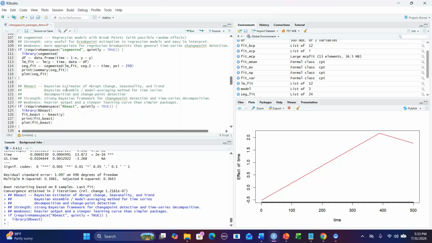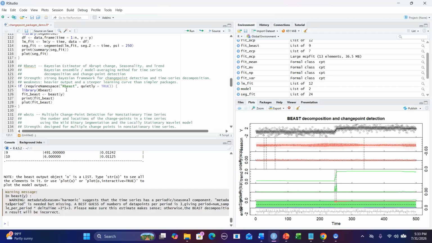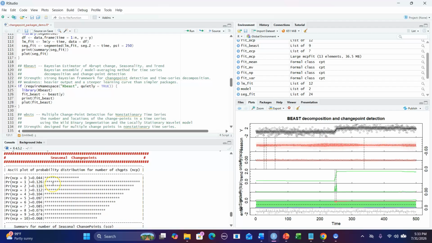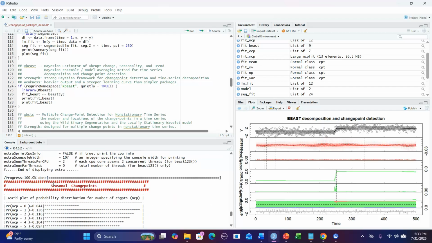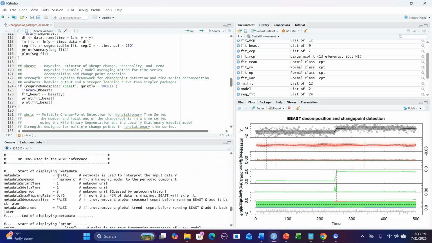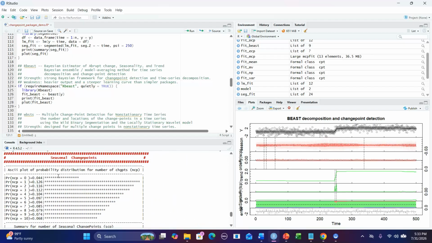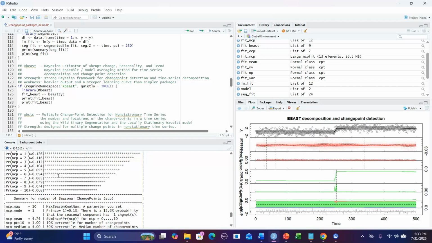So you can load it in, use the beast function on Y, and just print out the fit, and you can see it has tons of outputs. So this is MCMC. It has a plot of probability distribution for the number of change points. You can see there's 1, 2, 3, 4, 5, 6.